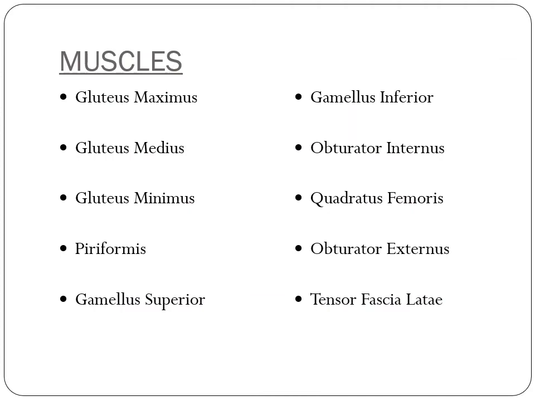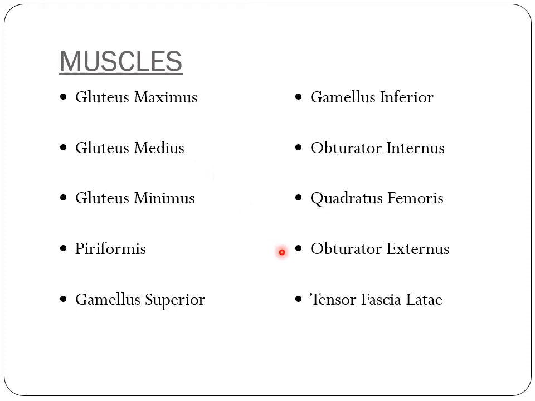Now the muscles of this gluteal region. The whole muscle compartment of the gluteal region is divided into three layers. The superficial layer, which is most superficial, has gluteus maximus and tensor fascia lata.